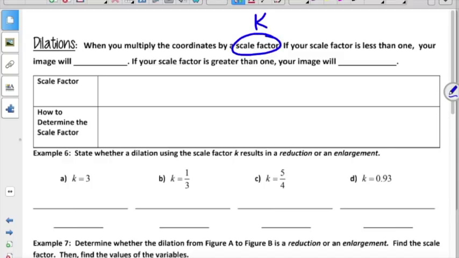So the definition of scale factor is a number that scales or multiplies your figure.